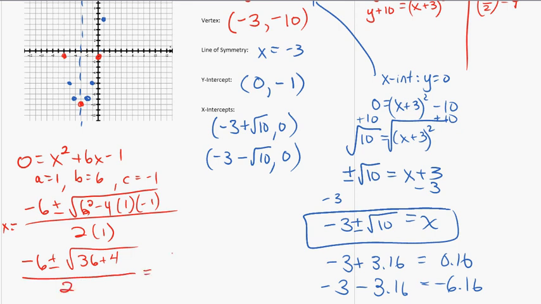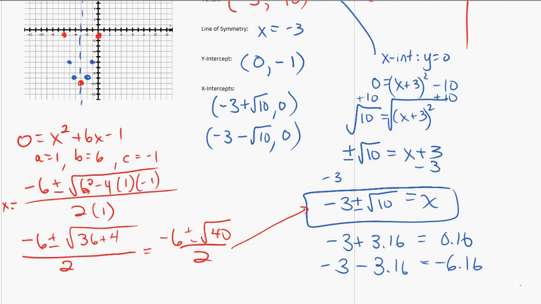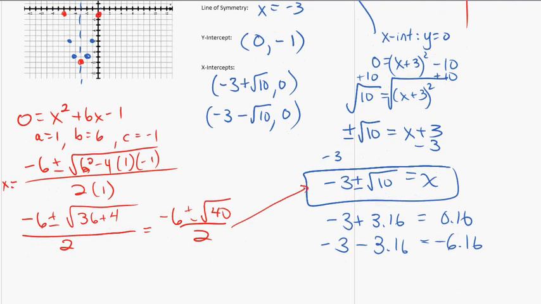I can simplify that further. Minus 6 plus and minus the square root of 40 over 2. Now you look at that and say, wait, that's not the same as that, is it? Well, now because you have it in this form, you need to start simplifying your radical, and you'll notice that this is the same as square root of 4 times square root of 10.